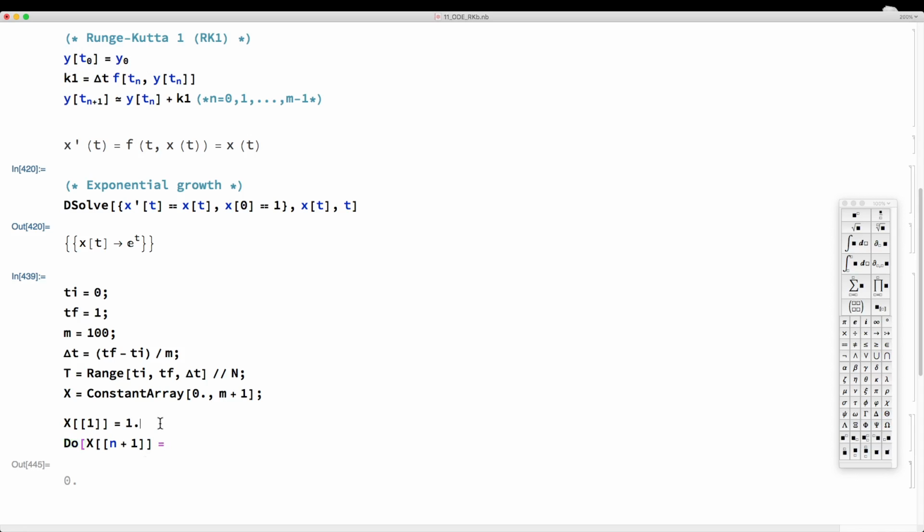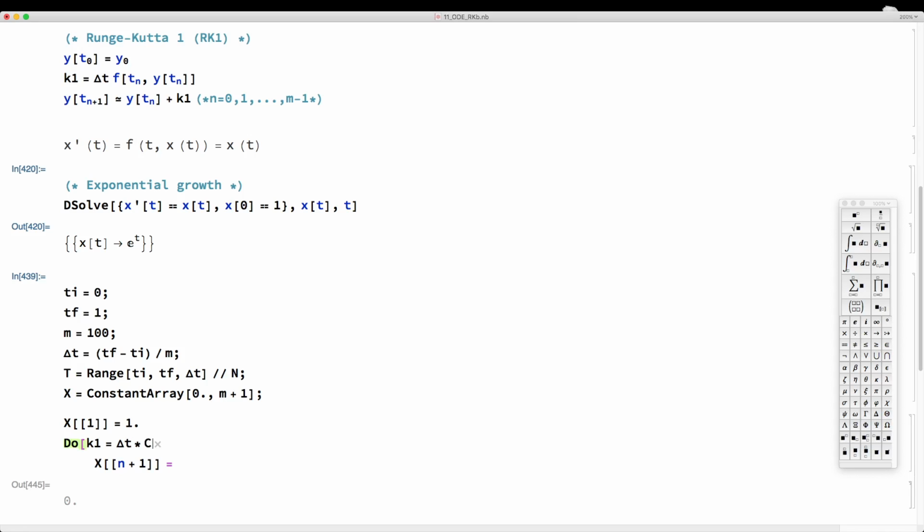So let's first evaluate k1. So k1 equals delta t times this function, and we just argued earlier that this function is given by f of t and x equals x. So this will simply be x over here.